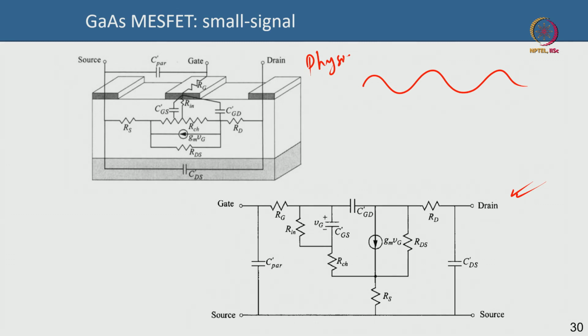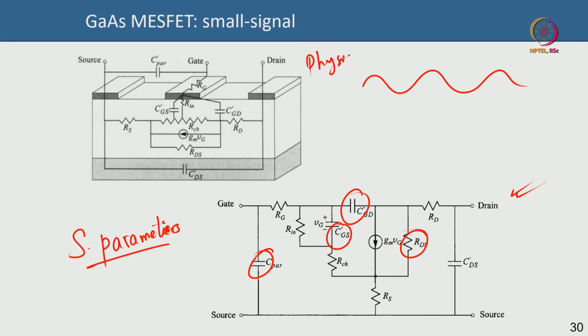Once you have this model, you have experimental techniques using a vector network analyzer. It is an instrument called a vector network analyzer to measure something called S parameters. Again, we will come to the S parameter definition towards the end of this course when we talk about microwave engineering. So there are things like S parameters, scattering parameters, that you have to measure, and depending on different conditions, different calibration structures, etc., you can measure these S parameters, and from that you can extract these different capacitances or resistances.